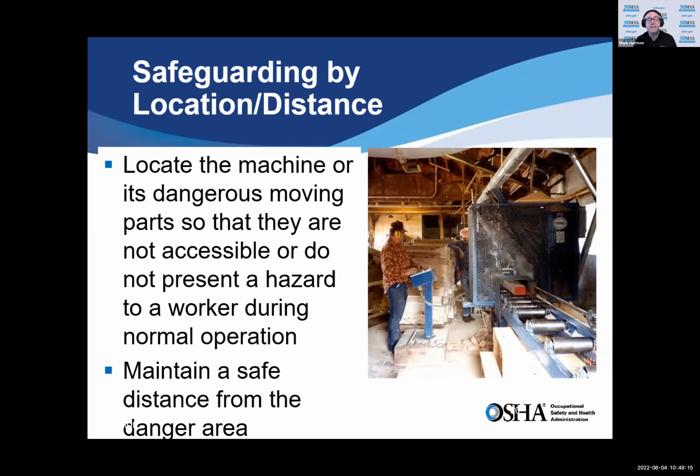You maintain a safe distance from the danger area. So again, very practical and compliant with what OSHA would need with respect to machine guarding on this particular type of machine.